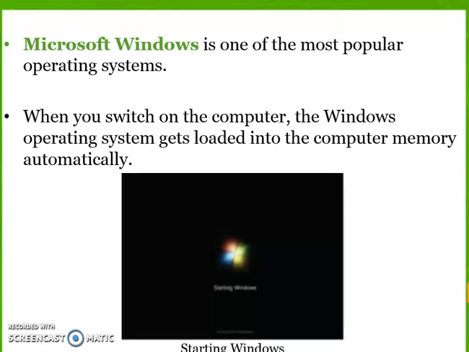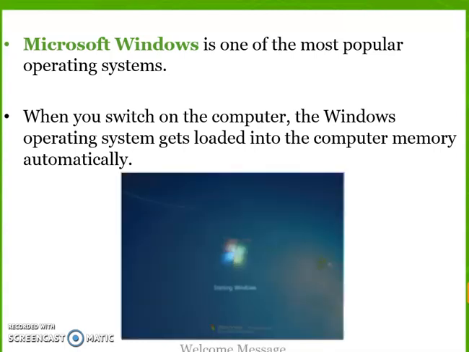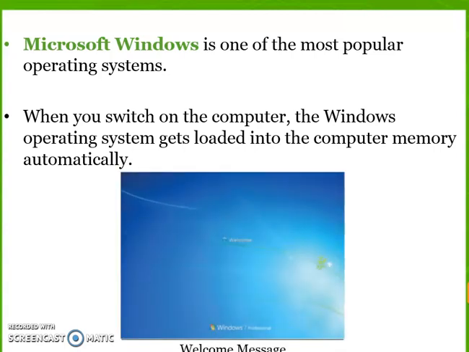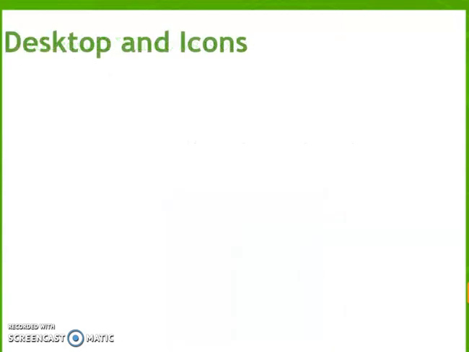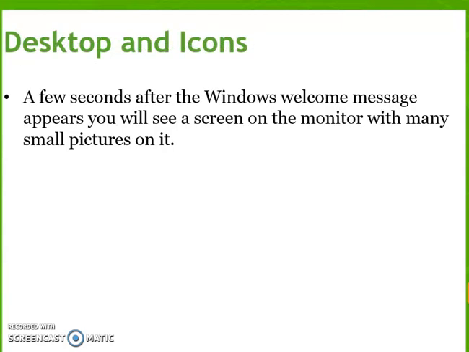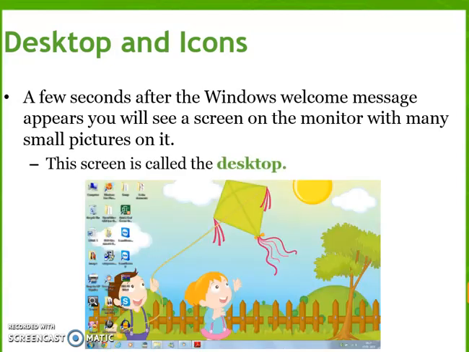You will see this type of screen appear when you switch on your computer. Then there will be a welcome message. After the welcome message, after a few seconds, you can see a screen on your monitor. That screen is basically called the desktop.